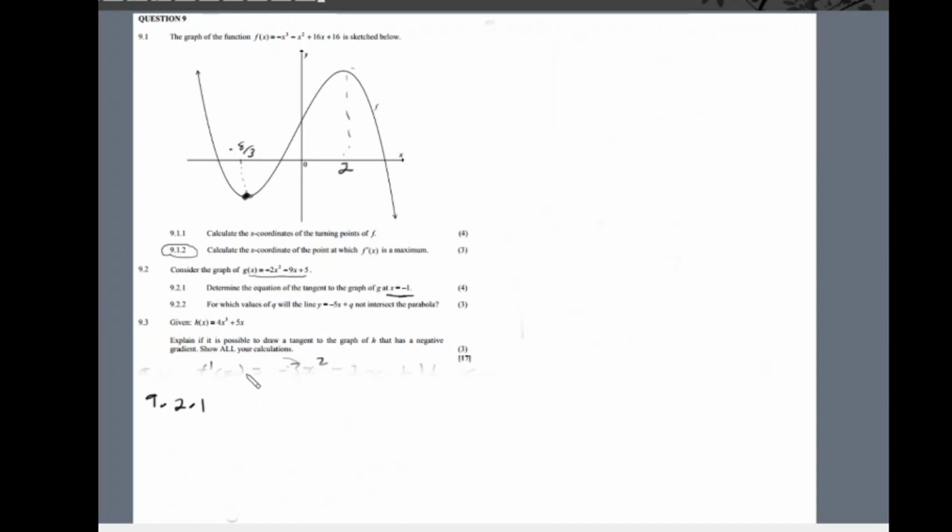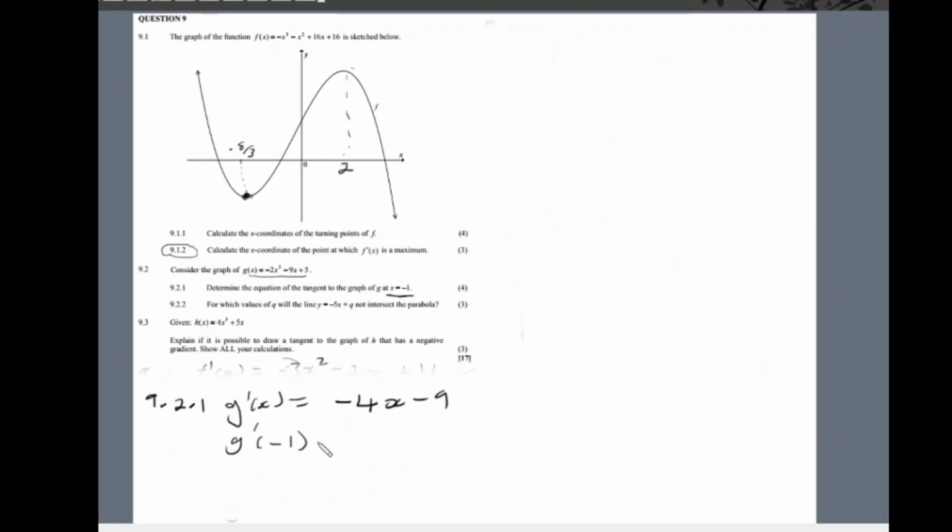To do that, we'll need to differentiate this function: g prime x equals minus 4x minus 9, right? And then to determine the gradient at x equals minus 1, I'll substitute minus 1 in this first derivative, right?